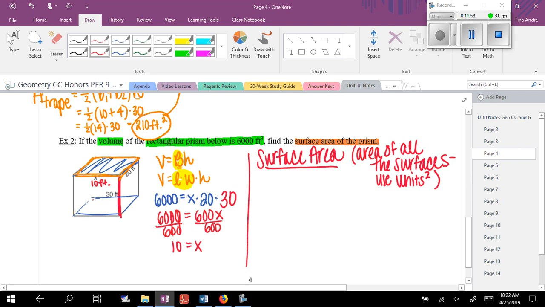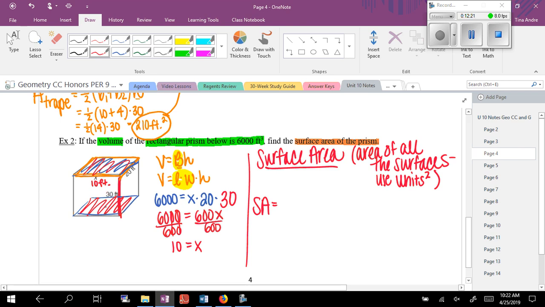So I know that the top and the bottom of this rectangular prism, I need to find the areas of those. So I'm just going to say surface area equals, I'm not going to really worry about writing a formula. I'm just going to go ahead and plug in. There are formulas for these, but honestly, it's easier just to find the areas of the individual shapes and add them together.